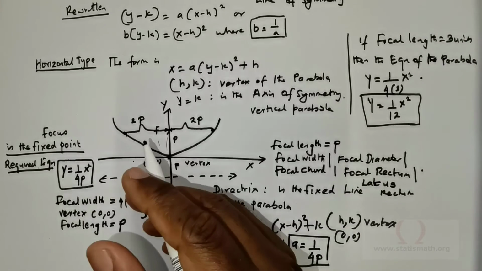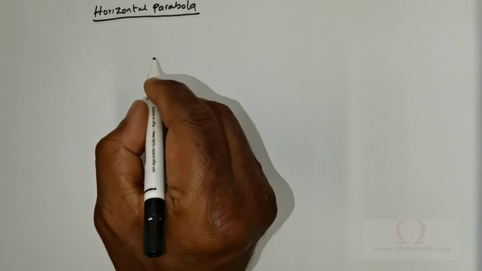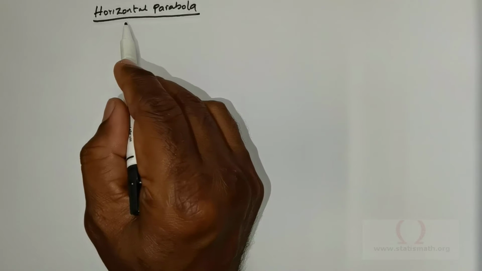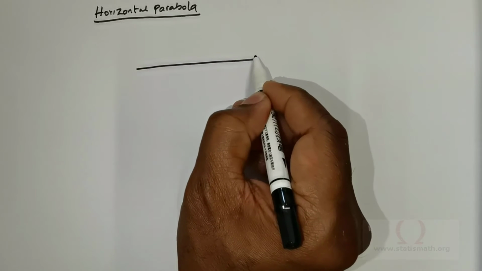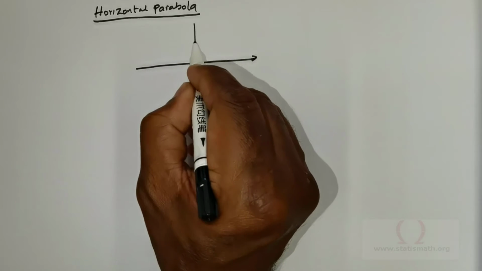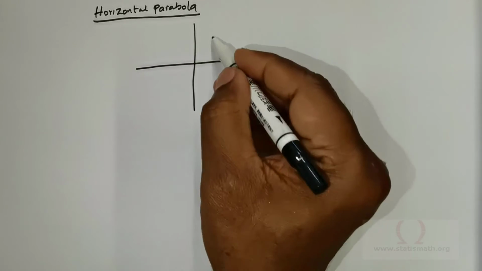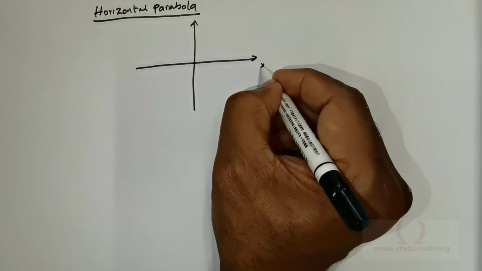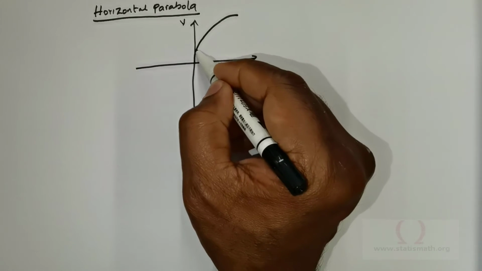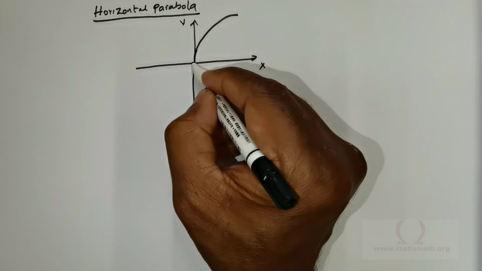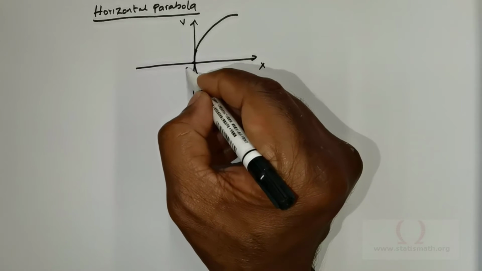So that completes a brief introduction to parabola. Students, in this class we will also look into the horizontal parabola. Now if we were to draw the horizontal parabola, the parabola would be something like this. So this is the x-axis, y-axis. The vertex is at 0, 0.